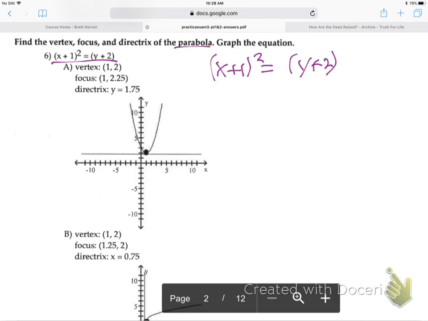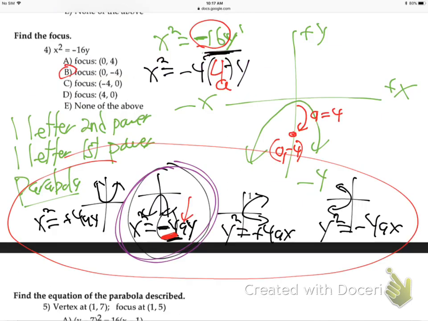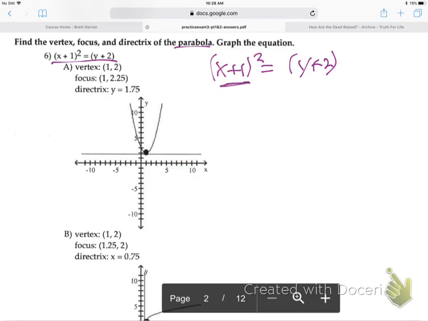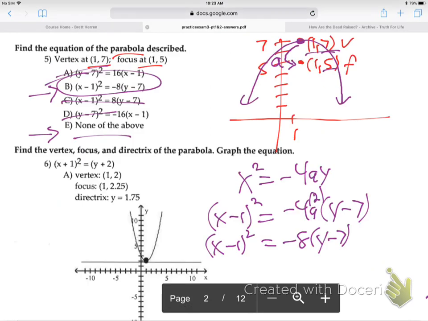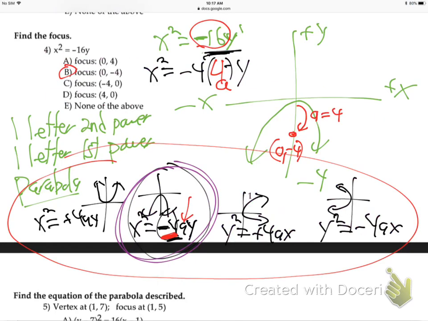Okay, so first thing you want to do is go back to your chart. What you have in your 3x5 card are the 4 directions of the parabola. So I'm looking for x squared positive y. The most important thing in your 3x5 card is having these 4 pictures with their matching equations.